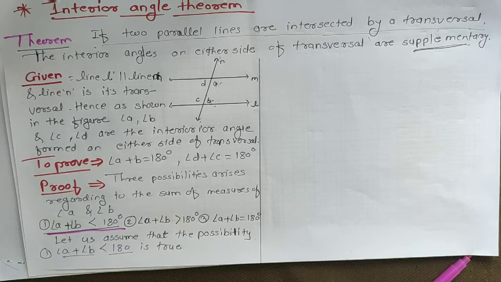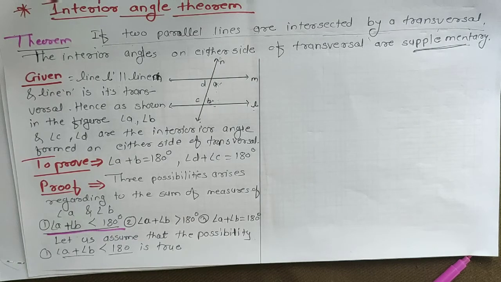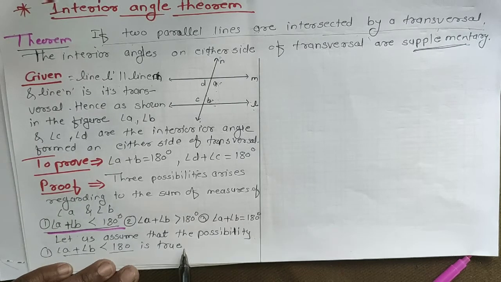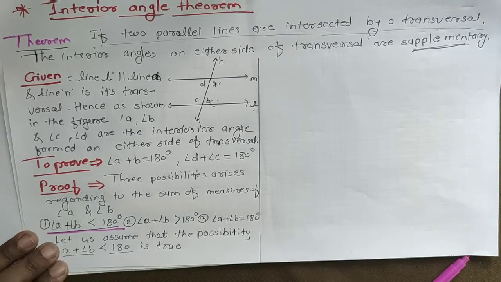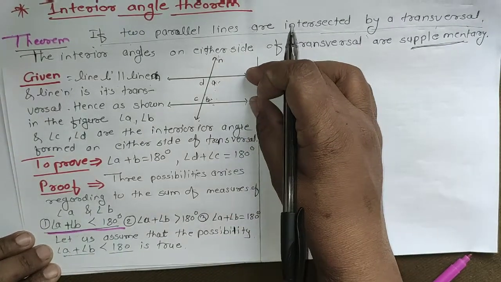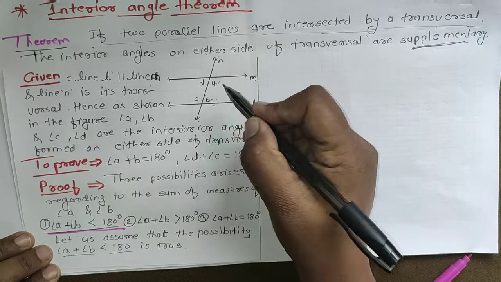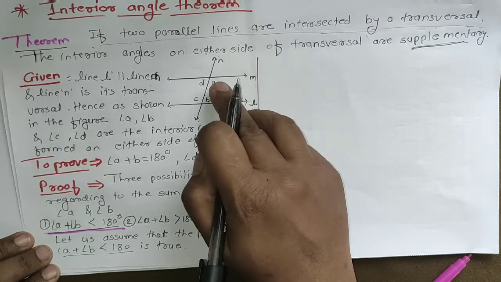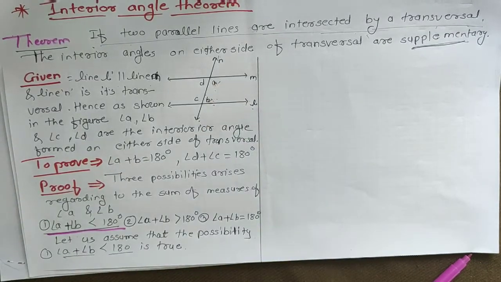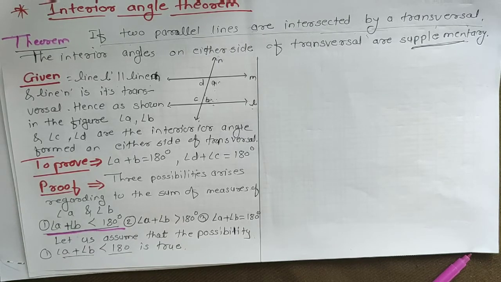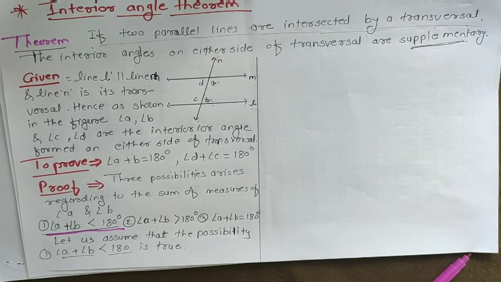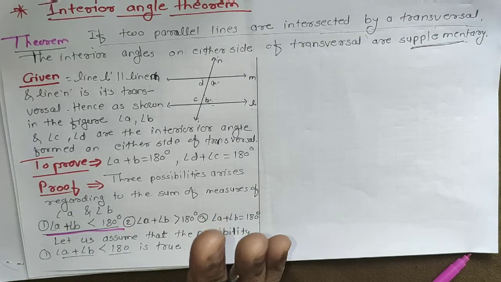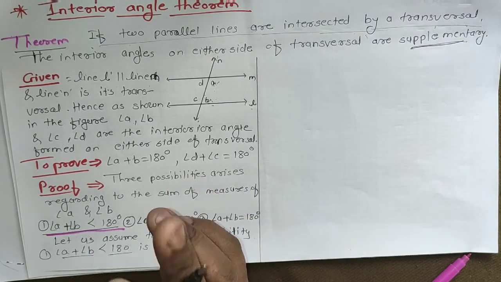So, if it is true, then according to Euclid's postulate, if the measure of these two angles is less than two right angles, you can follow on page number 9 of your textbook, where the fifth postulate is given.